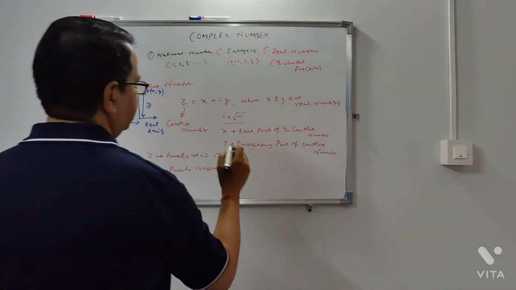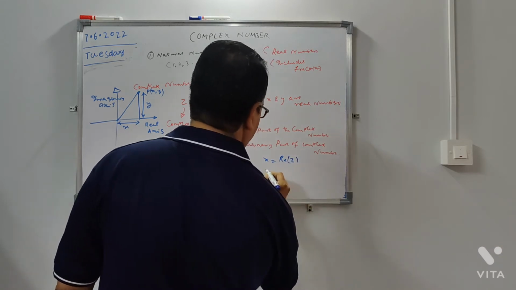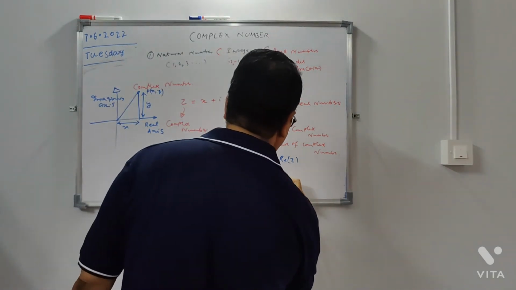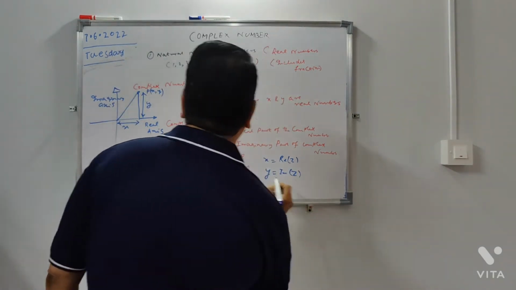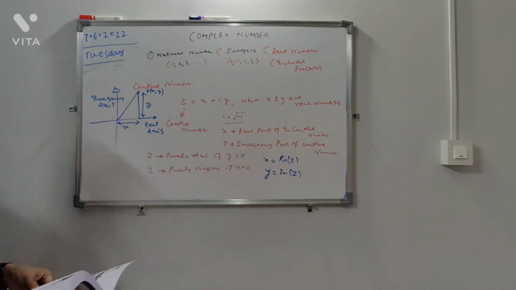And here we can say x is the real part of z, y is the imaginary part of z, Re or Im. So in the Argand diagram, your x-axis is the real axis, your y-axis is the imaginary axis, and you represent it like this.